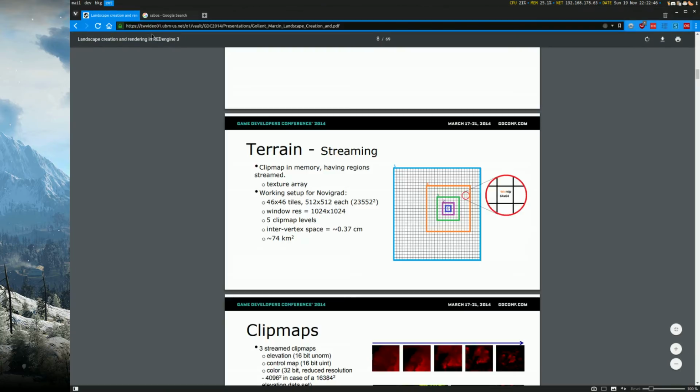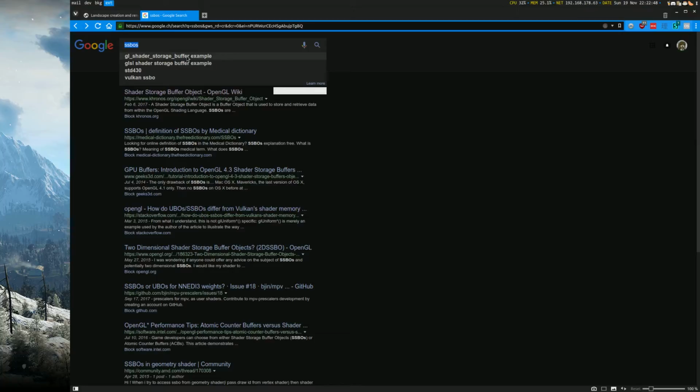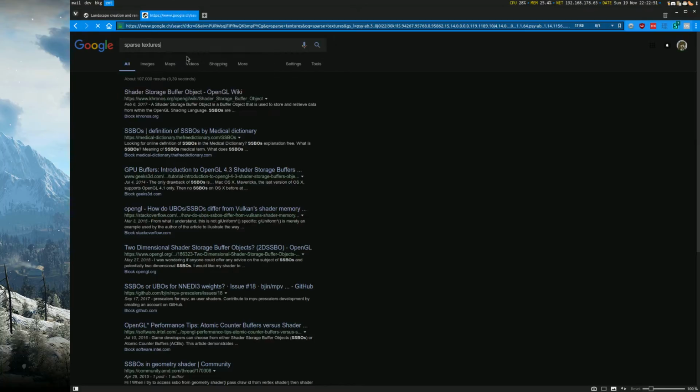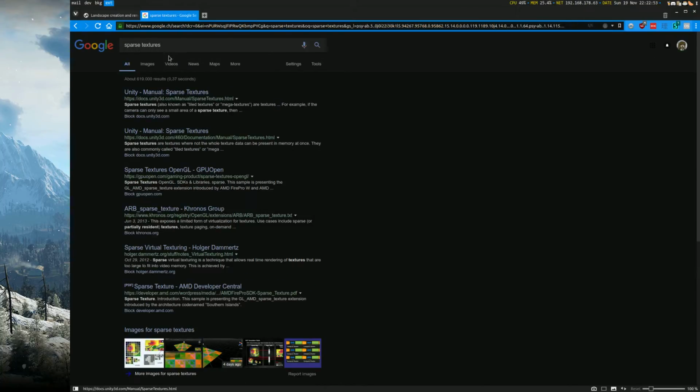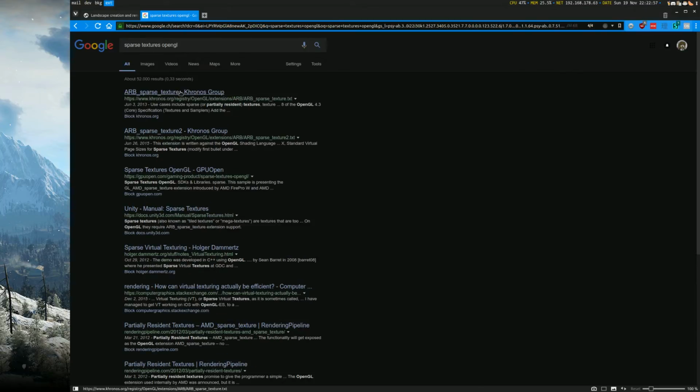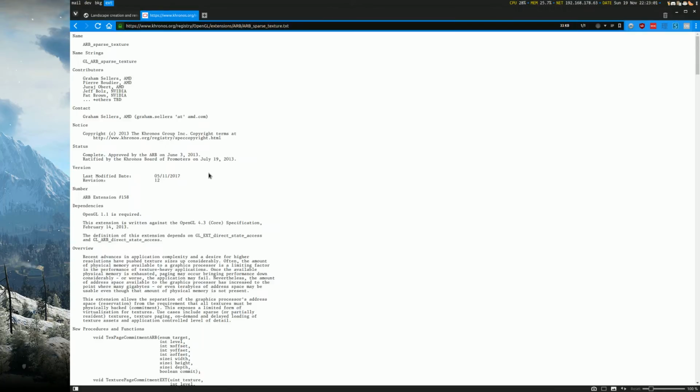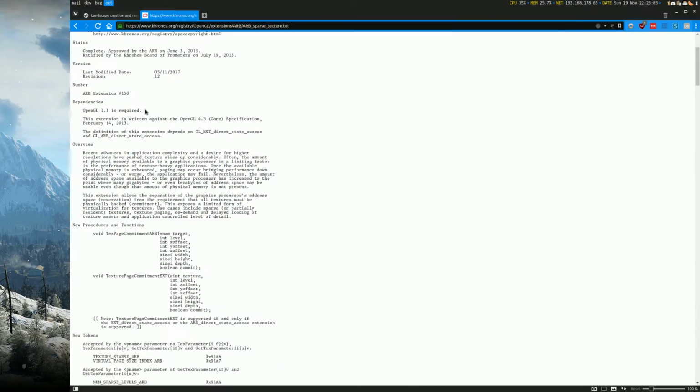Sparse textures. It's an ARB. Sparse texture 2. Okay. Oh, OpenGL 4.5. Oh shit, I don't have that.